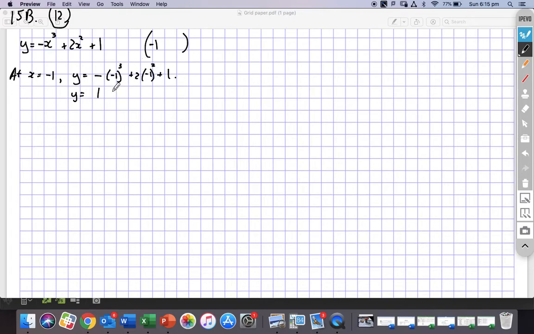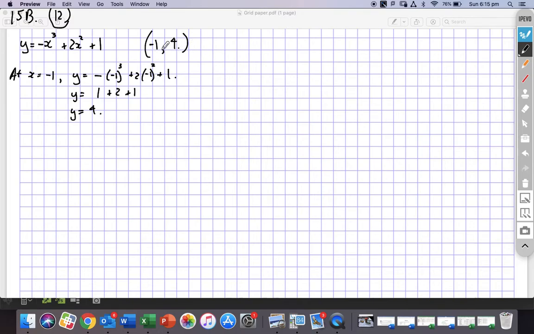Positive 1 times 2 is 4, plus 4. No, it's 2. Come on, brain. Trying to do maths when you're tired. Let's try that again. Minus 1 squared is positive 1. Positive 1 times 2 is 2. Good. And plus 1. So y equals 4. Good. Got there in the end.